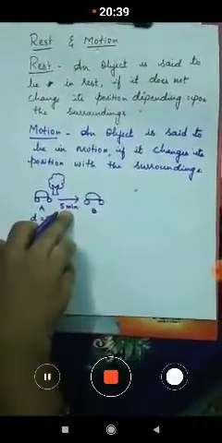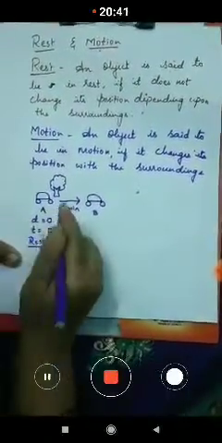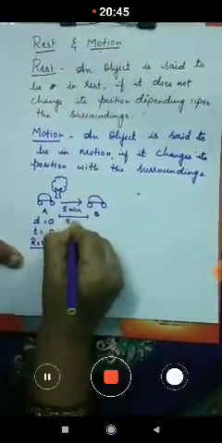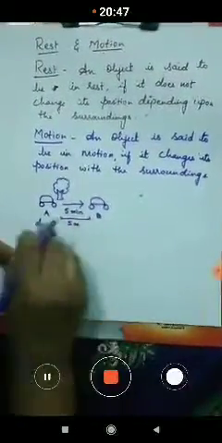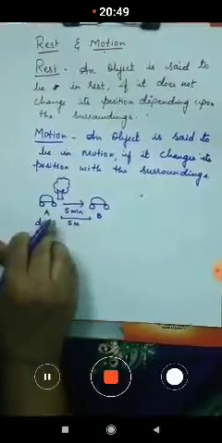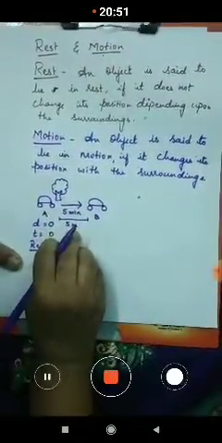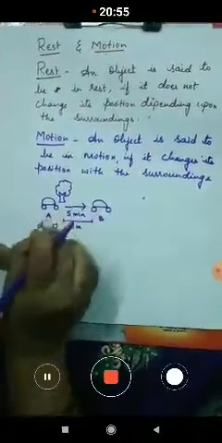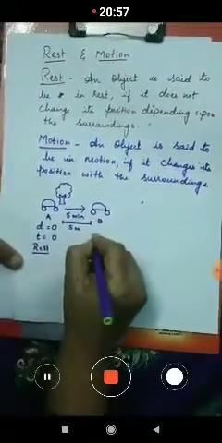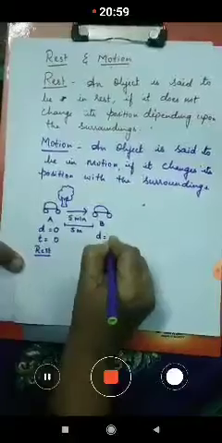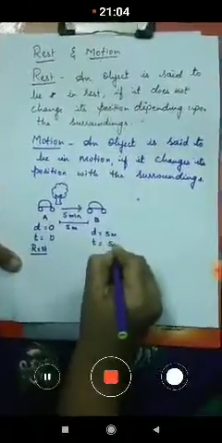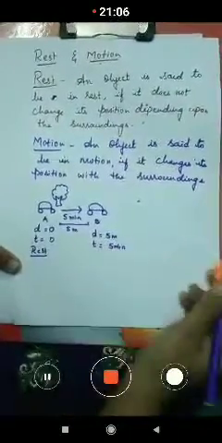The duration of time is 5 minutes, and the distance travelled is also 5 meters. 5 meters it has travelled in 5 minutes. Now here how can we write here? The distance travelled is 5 meters. The time taken is 5 minutes.